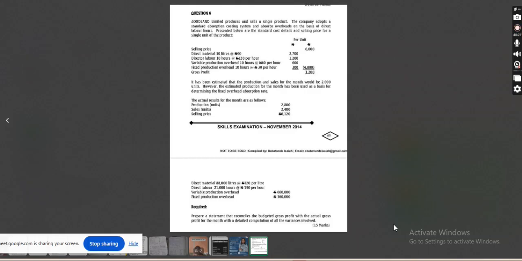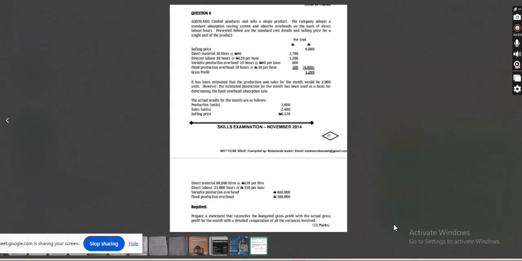The first approach is to check which basis they used. Is it marginal costing or absorption costing? If it is marginal costing, it means that it is budgeted contribution. You have to start with either budgeted contribution or actual contribution. Don't forget it's a reconciliation. Now, check in the question again. Is it an absorption costing approach? Oh, it is an absorption costing approach.